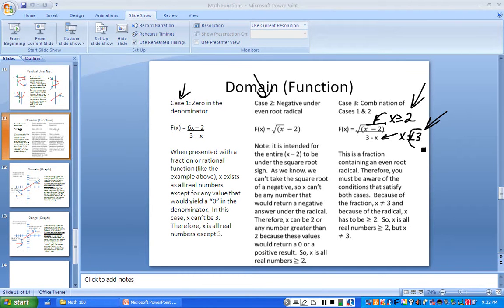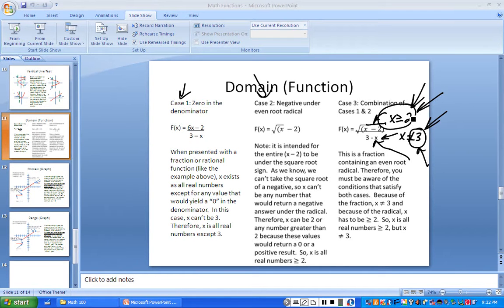Up here x is fine as long as it's 2 or bigger. We know 3 is bigger than 2, but here we're saying x can't be 3.